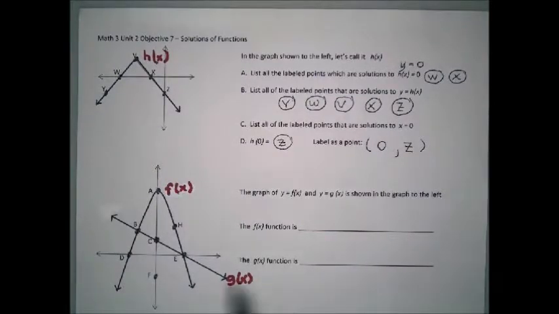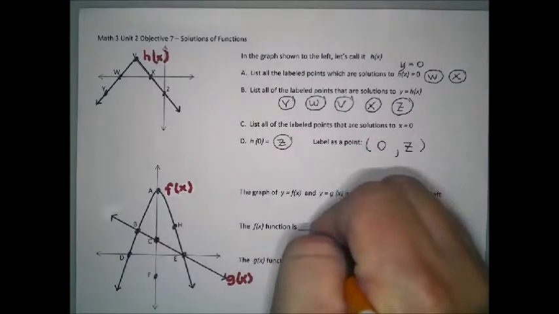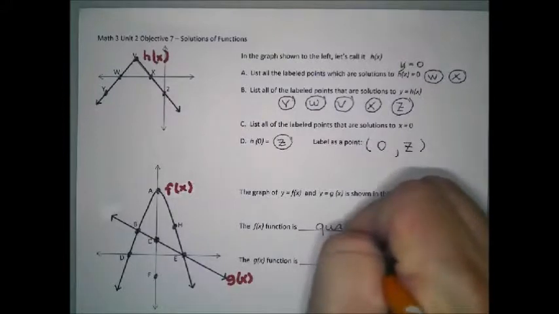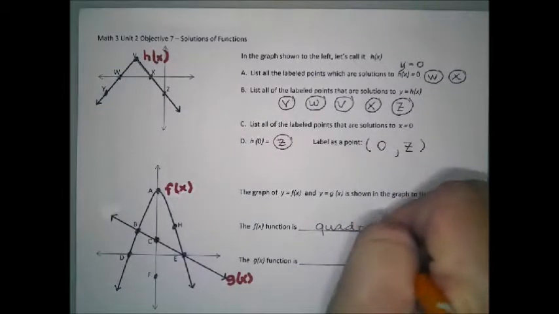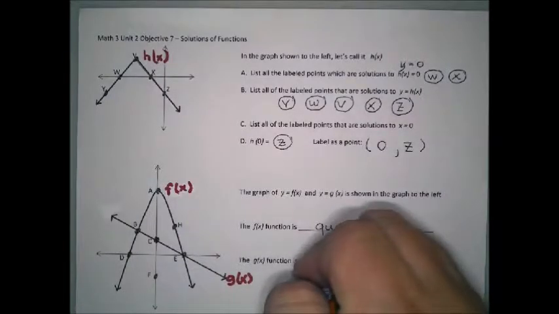Okay, moving on to the next one. Now we've got two functions on the same graph. What looks like a quadratic function, the f of x function. F of x appears to be quadratic. And the g of x function appears to be linear.